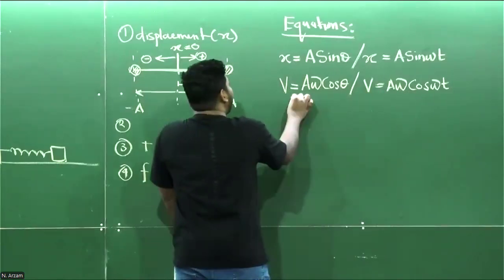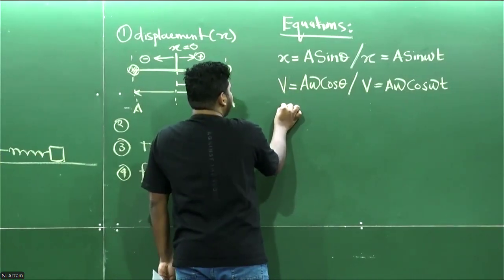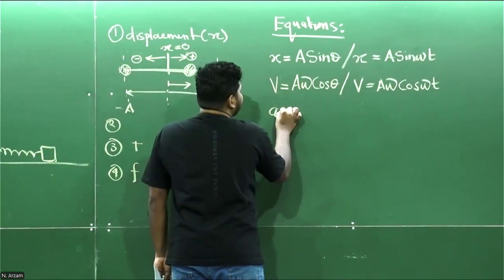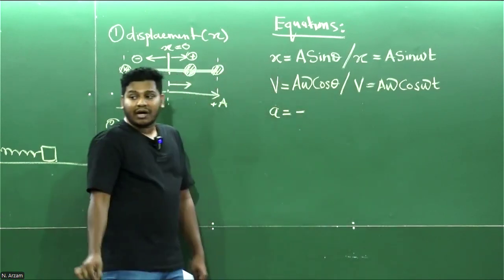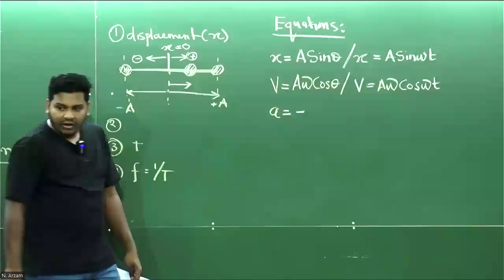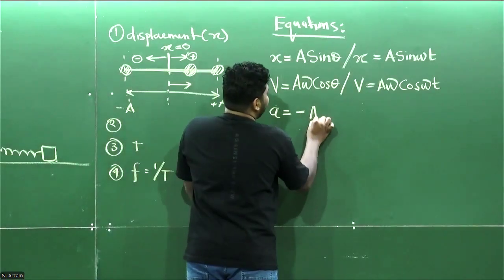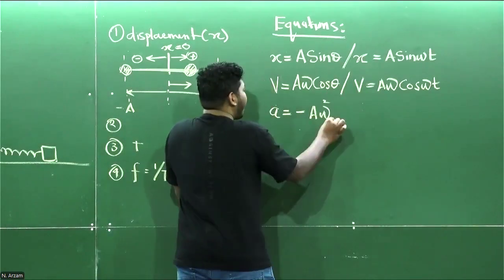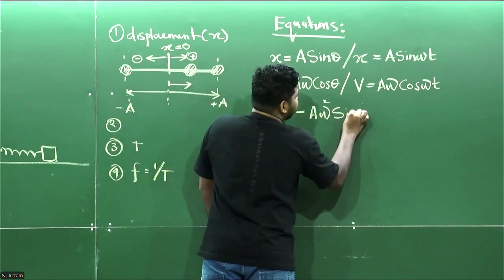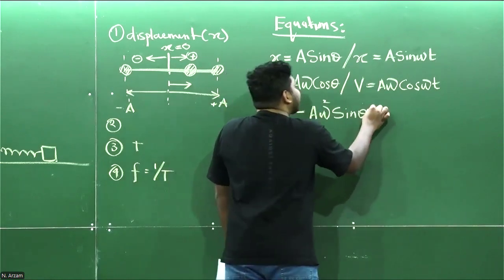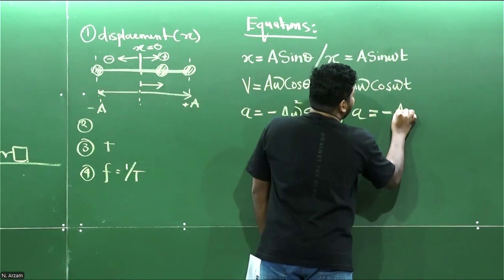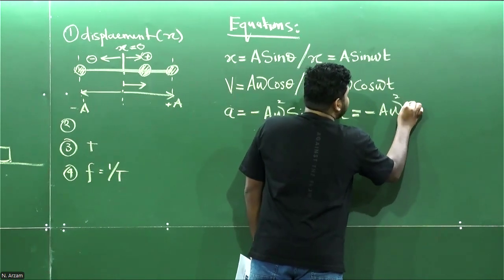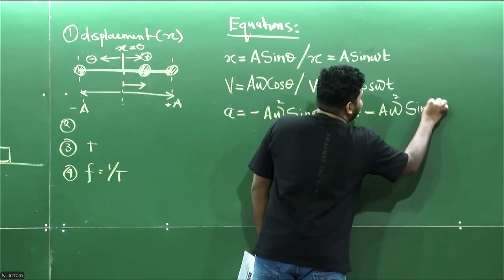The third one is acceleration. Acceleration is equal to minus A omega square sine theta. For the theta, we substitute omega t, so a is equal to minus A omega square sine omega t.